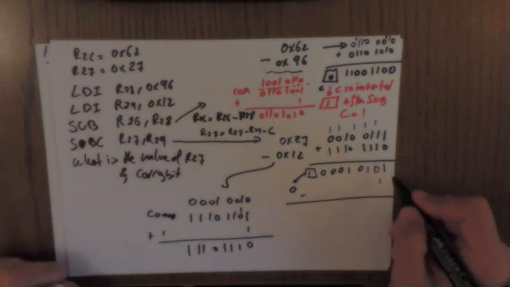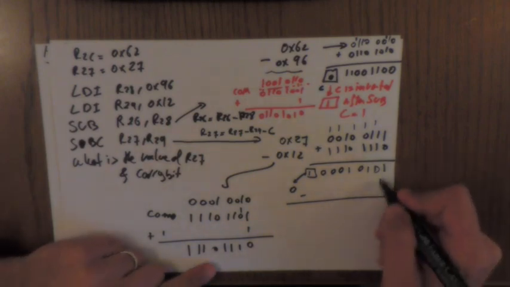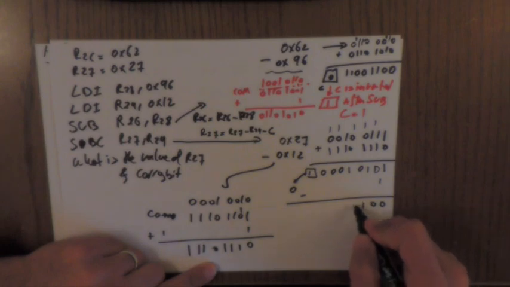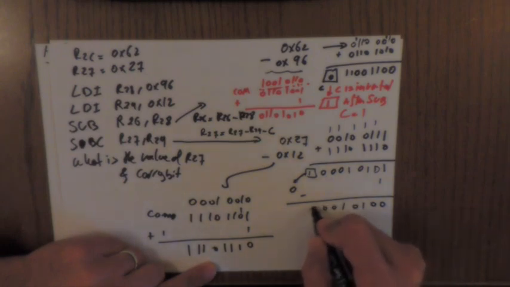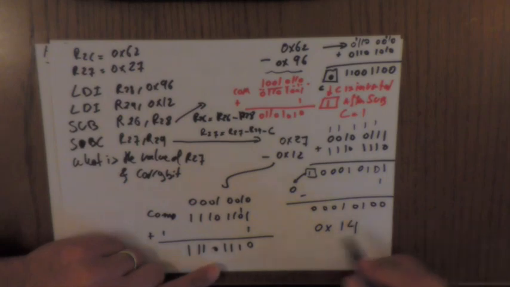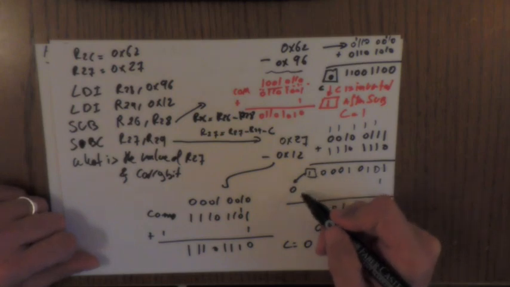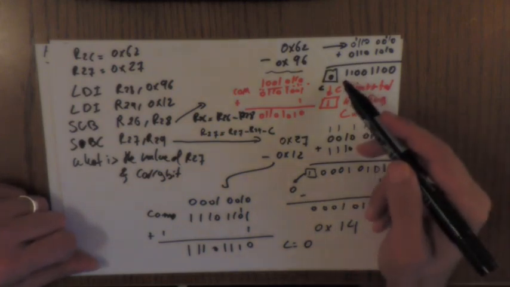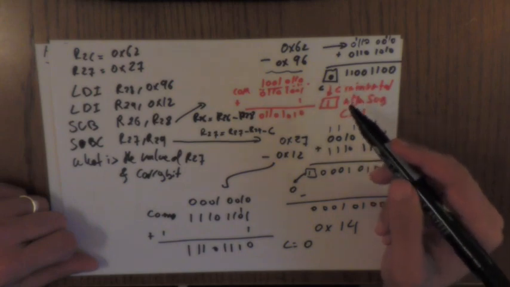Subtracting 1 from it will be easy now; we just remove this 1. So the result is 0x14, and the carry is equal to 0 because we inverted the carry in this case. So a golden rule to remember is that the carry is always inverted after a subtraction operation.